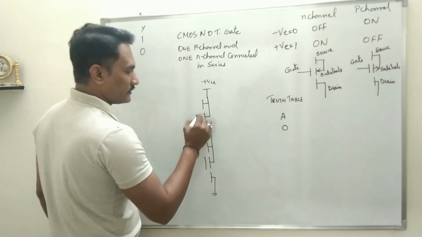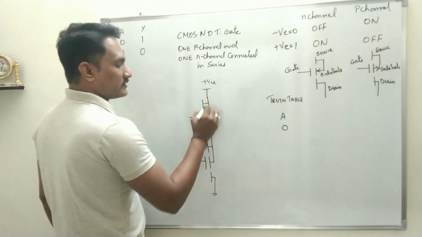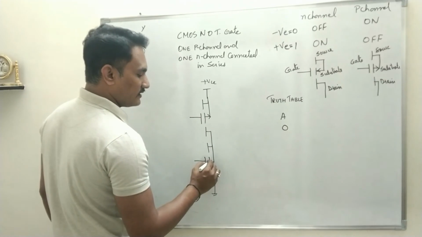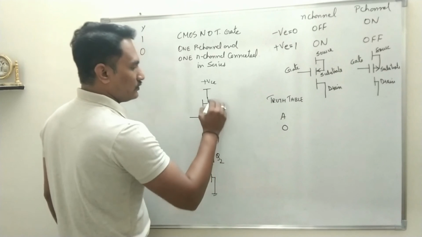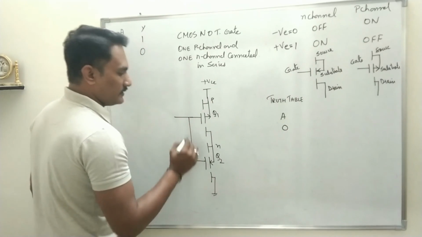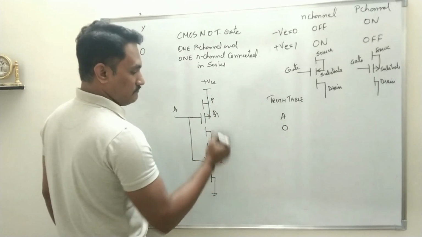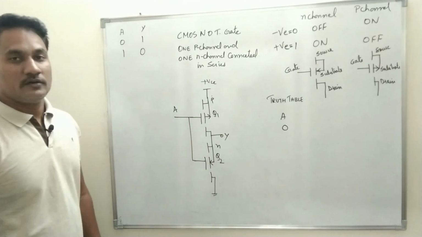In front of substrate we draw the gate terminal. Now the first one is the P channel, arrow mark outward. The second one will be the N channel, arrow mark will be inward. Let this be Q1, let this be Q2, this is P, this is N. Connect this P channel and N channel together. Let this terminal be A, and between this P channel and N channel the output Y.